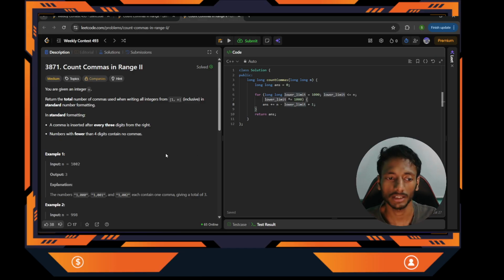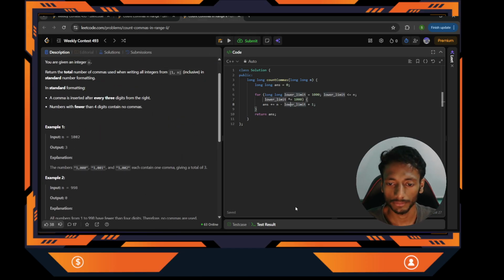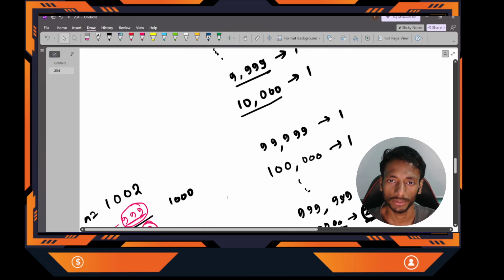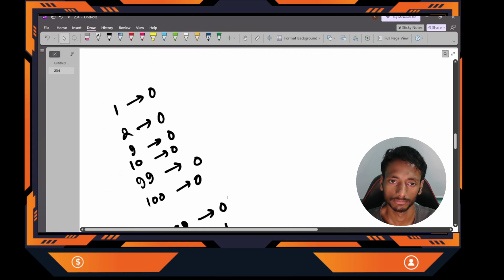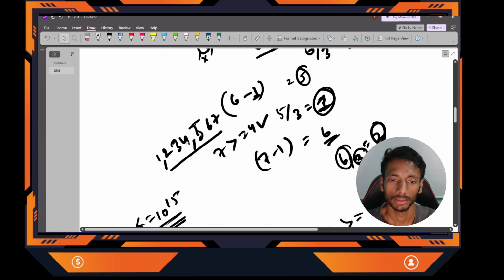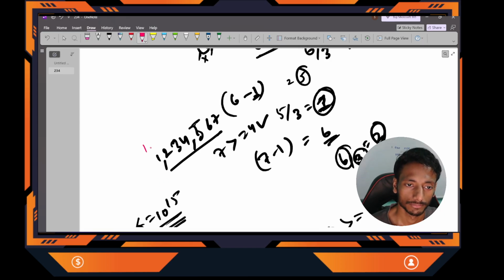Similarly, I go to the next number. Let's take an example. Suppose this is our number n: 1 2 3 4 5 6 7. Next I will go to the number where I start getting two commas, that is 10 to the power 6. Here, how many numbers can have two commas?